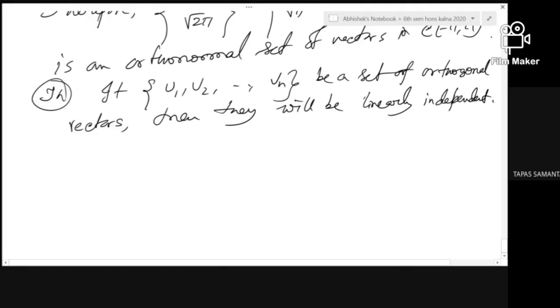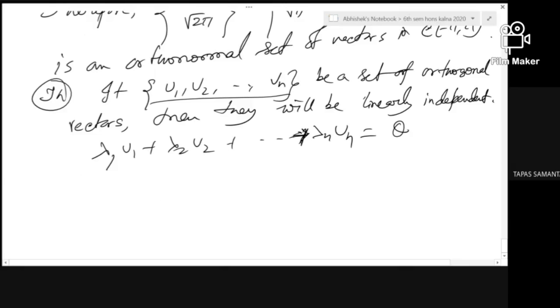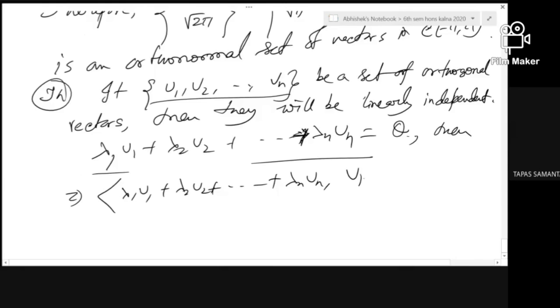Why is it linearly independent? Because suppose that we have the linear combination lambda 1 v1 plus lambda 2 v2 plus lambda n vn, and this is equal to the null vector. Then by taking inner product with some vk, we will have lambda 1 v1 plus lambda 2 v2 plus lambda n vn comma vk, equal to theta comma vk, which is 0.